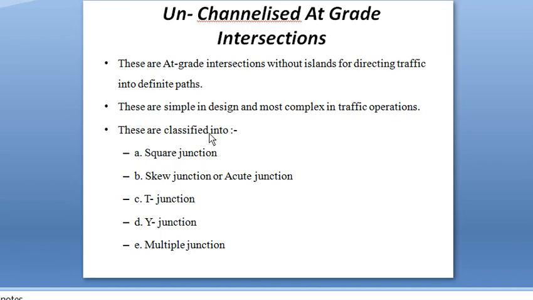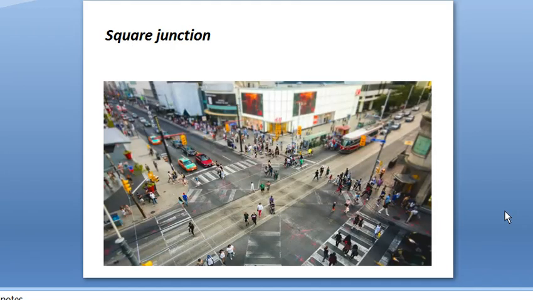Okay. And this unchannelized intersection is classified into different types. They are square intersection, skew or acute junction, T junction, Y junction, and multiple junction. This classification is based on the shape of the intersection. In the square junction, there will be four roads meeting at the intersection in a square shape.